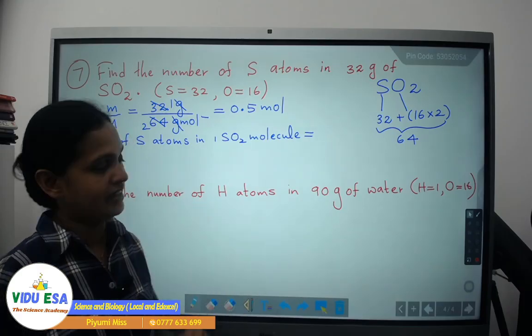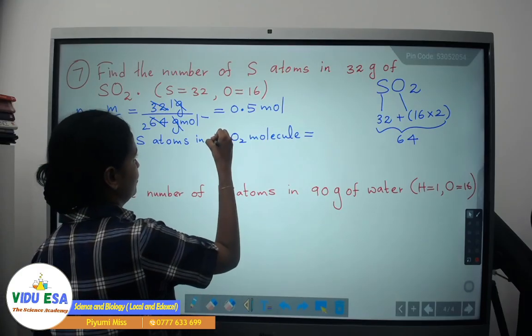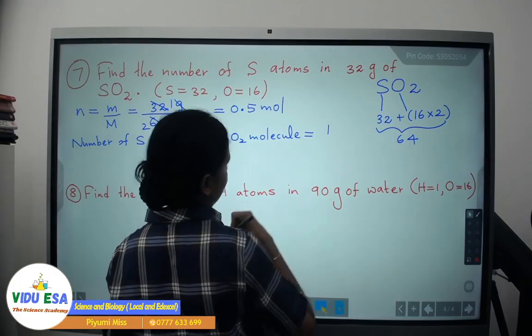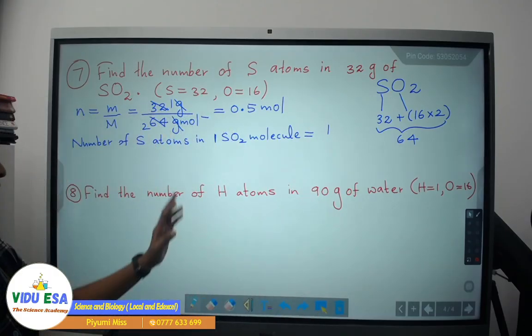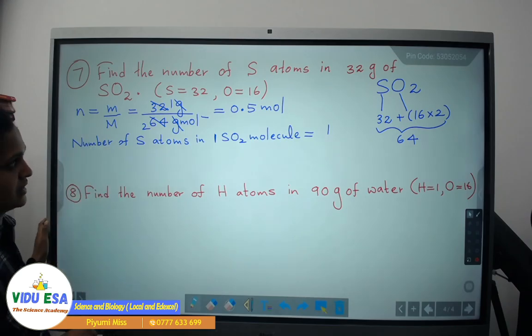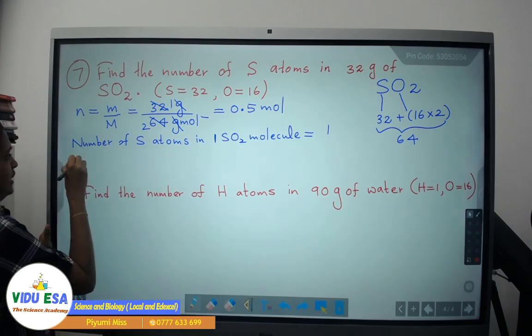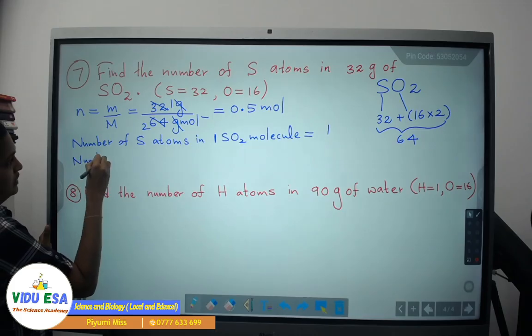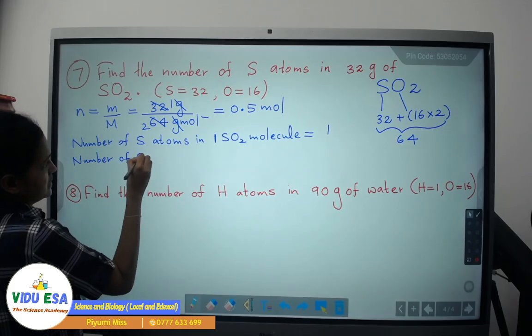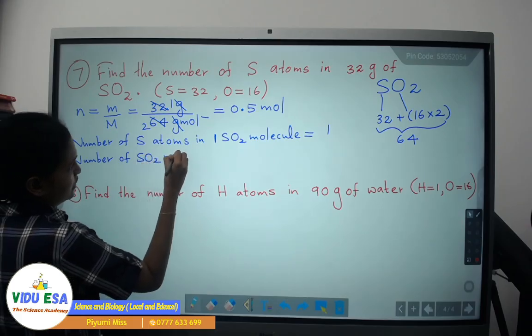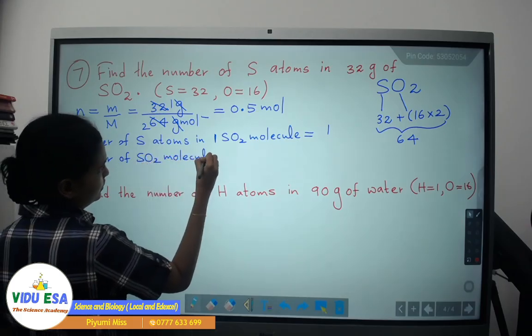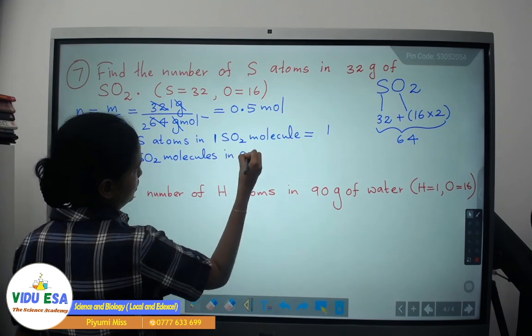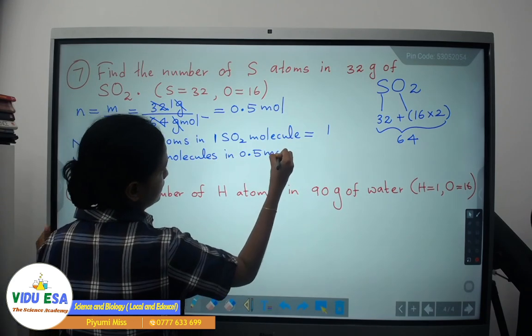Therefore, there is only one sulfur atom. That is equal to 1. Then here we have 0.5 moles. And we can find the number of sulfur dioxide molecules in 0.5 moles.